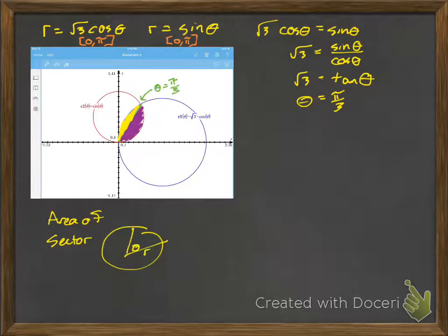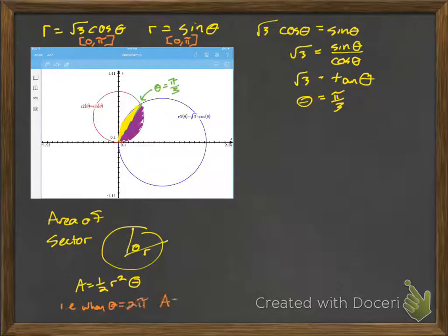Now, for the idea of area of polar equations, it's all about little slices of pie you're adding together, sectors we call them. So you do infinite sectors. The setup for the area is always 1/2 r squared d theta, where r is your polar equation, which is thankfully called r. Theta is the measure of the angle, or where it's taking place.